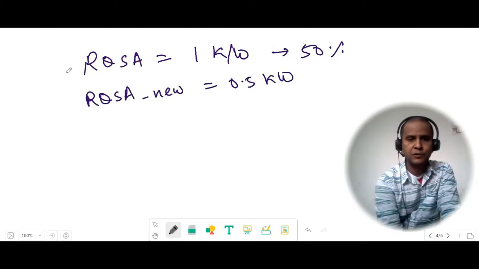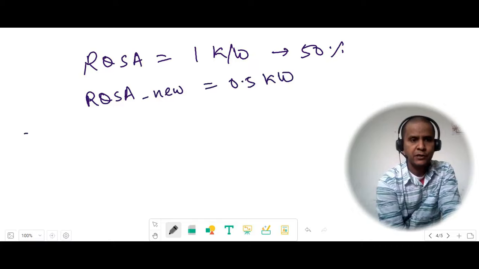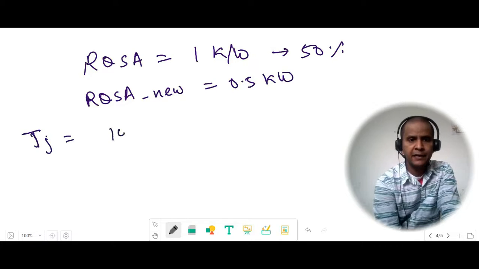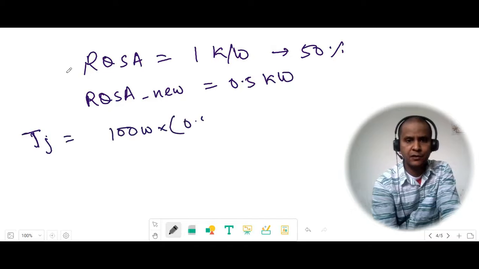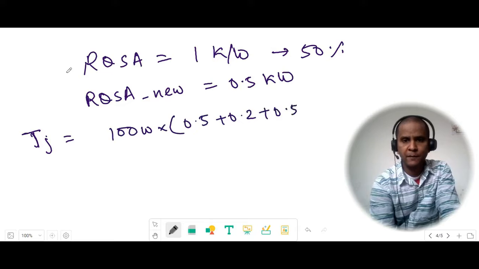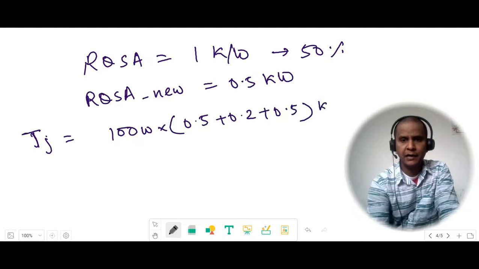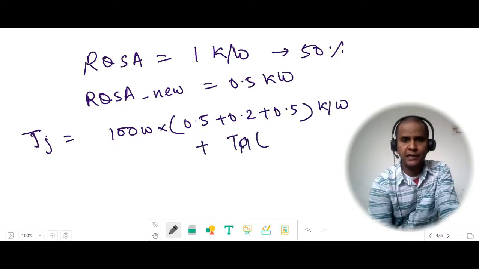Now again I have to calculate the junction temperature. Let me write the formula straight away. Tj equals PD, 100 watt, multiplied by the thermal resistance, which is 0.5 plus 0.2 plus 0.5. These are thermal resistances in Kelvin per watt, not watt. Plus you have to add the ambient temperature TA, which is 40.